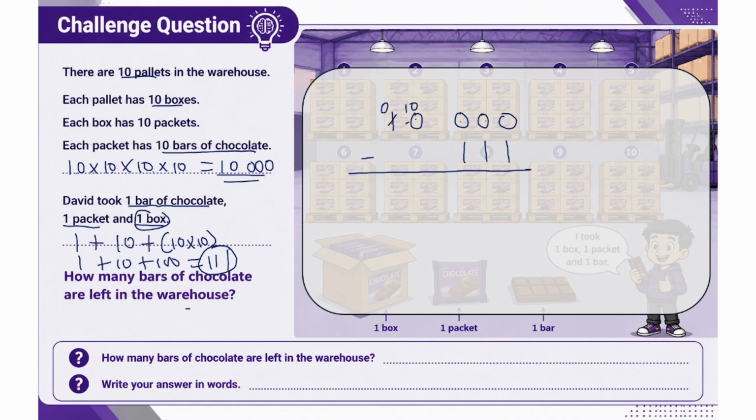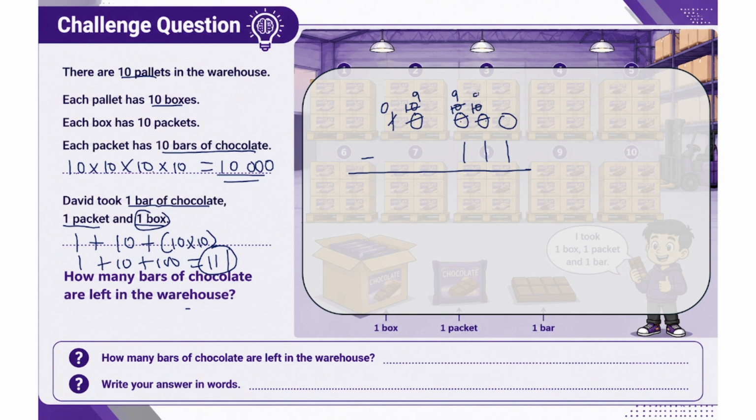Okay. And then we borrow 1 from the thousands. And then we remain with how many thousands? 9. And then we have 10 hundreds here. Then again, we borrow 100 here. We remain with how many? We remain with 9. Now we have 10 tens here. And then we borrow 1 from the tens.